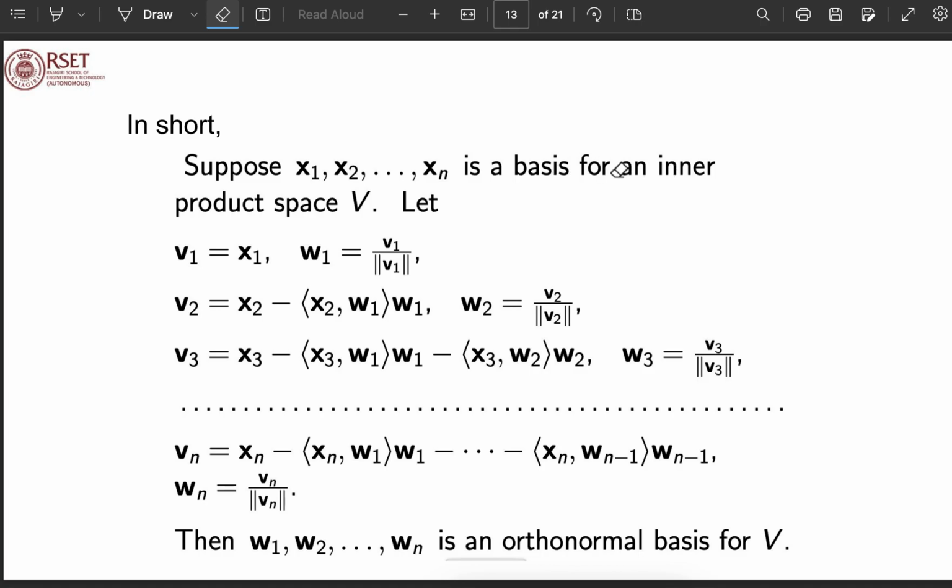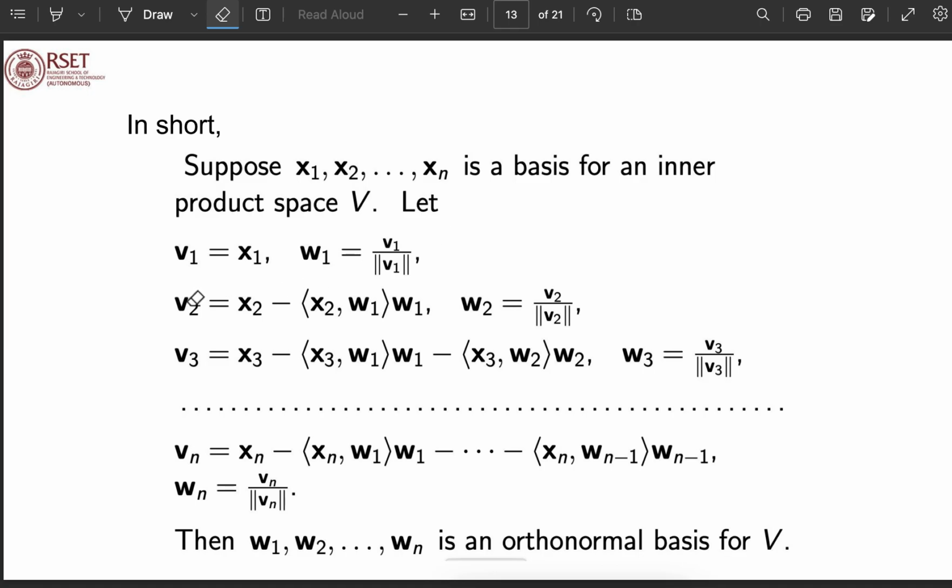So we take v1 equal to x1. Now to normalize this v1, we divide v1 by its norm. So w1 is equal to v1 by norm v1. Now the length of w1 will be equal to 1, that is, norm w1 is equal to 1.